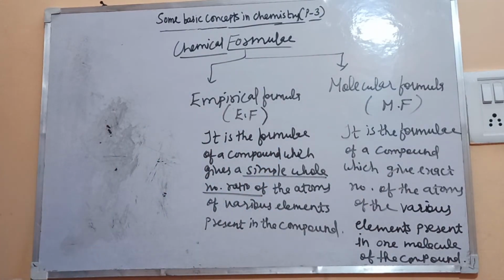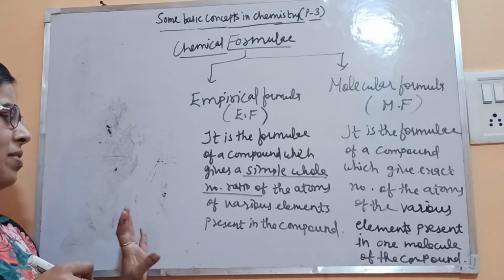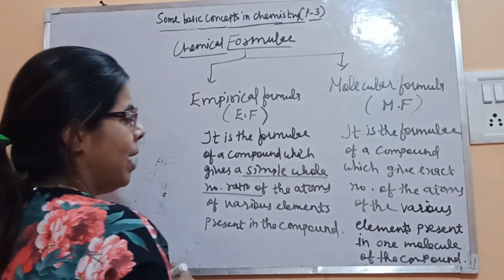This is the meaning. From the empirical formula you will get only the simple ratio, as we have seen in the examples. From the molecular formula you will get the exact number.